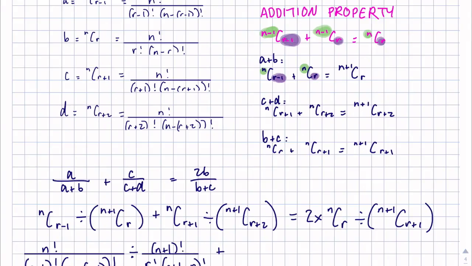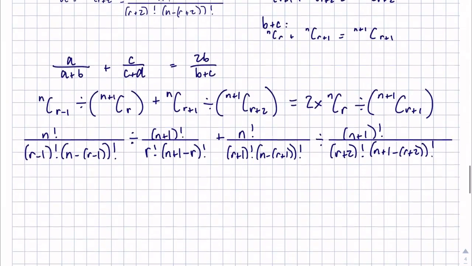We're adding on nC(r plus 1), n factorial over (r plus 1) factorial (n minus r plus 1) factorial. And that was divided by (n plus 1) factorial over (r plus 2) factorial (n plus 1 minus r plus 2) factorial.